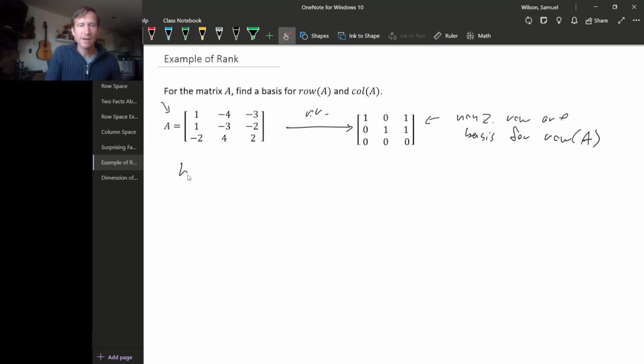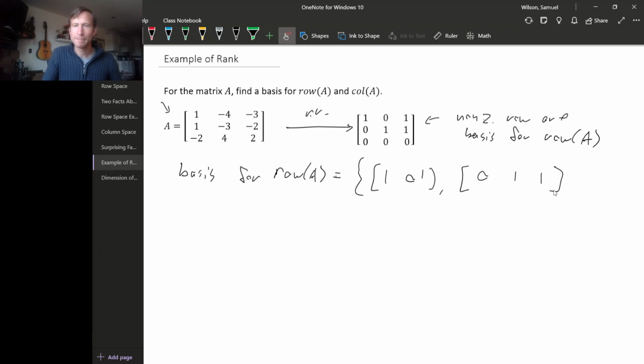So for a basis for the row space of A, we can just take the non-zero rows. So that's 1, 0, 1 and 0, 1, 1. Notice that this tells us that the row rank of A is 2, because here's a basis with 2 elements in it. Okay, now let's find a basis for the column space of A.